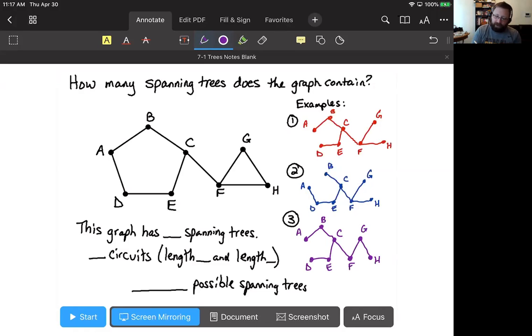In fact, this graph has a total of 15 spanning trees. So here's where that comes from, okay? This graph contains two circuits. One of those circuits is length 5. That's this circuit here. Is length 5. And one of those circuits is length 3.